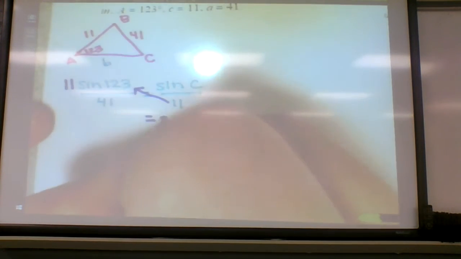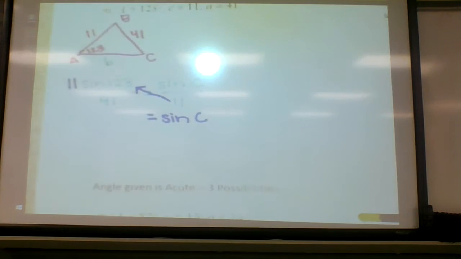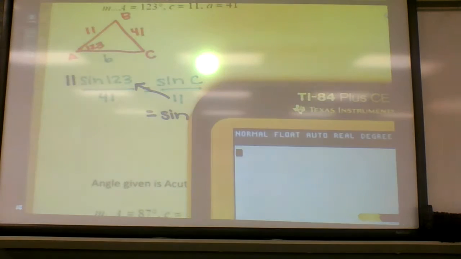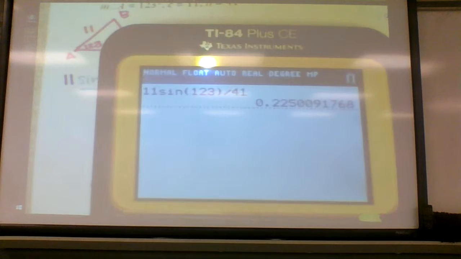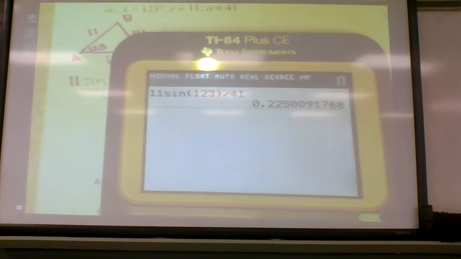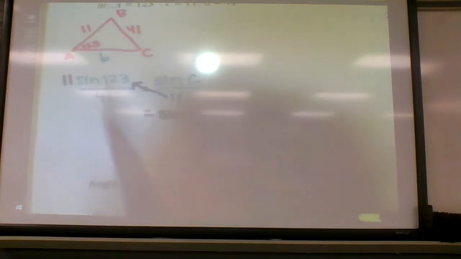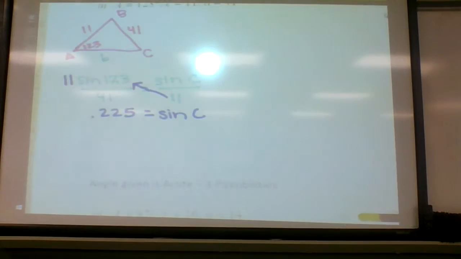So what you can do now is type this in your calculator and see what number it's equal to. So 11 sine of 123. Make sure you close that parenthesis before you hit divide by 41. And I get this decimal here. So 0.225, and then there's a bunch more zeros. 0.225 approximately.